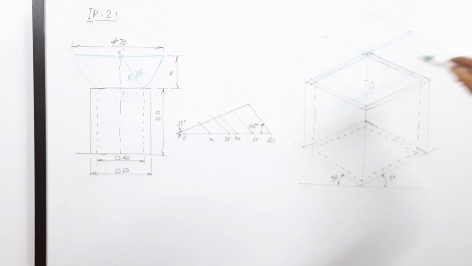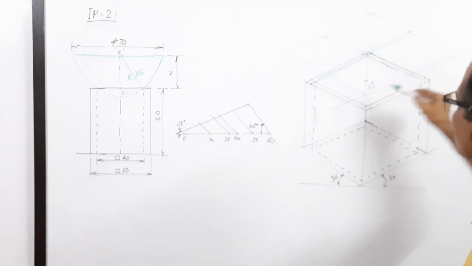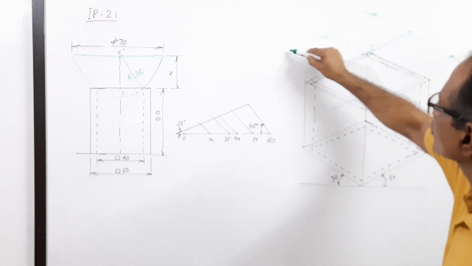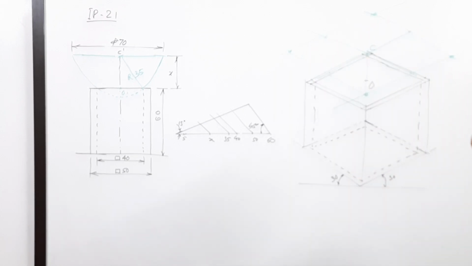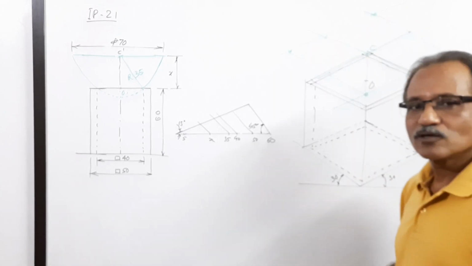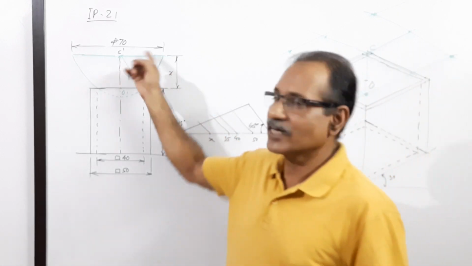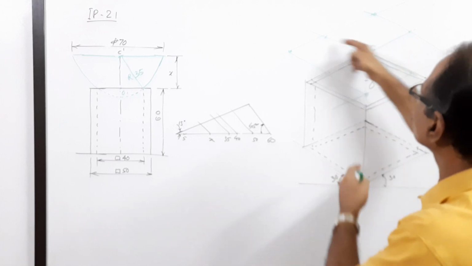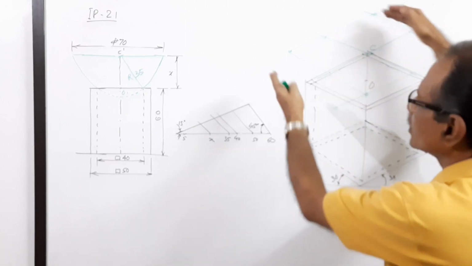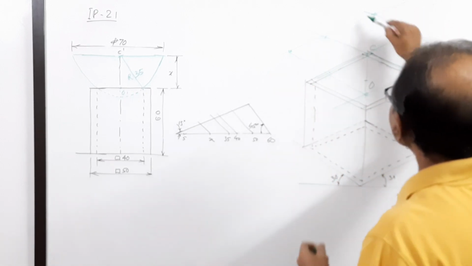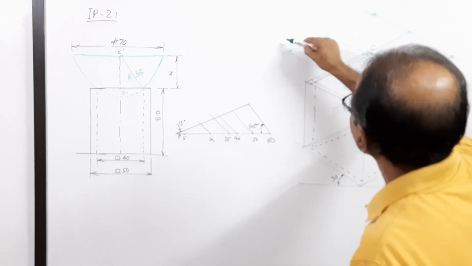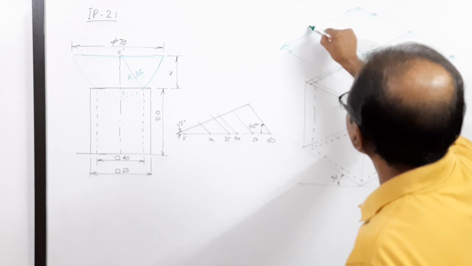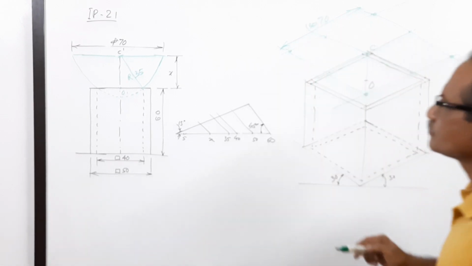You get a rhombus. These are the corners of the rhombus. You get a rhombus whose side is ISO 70.